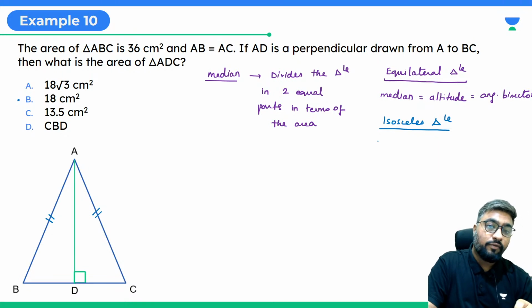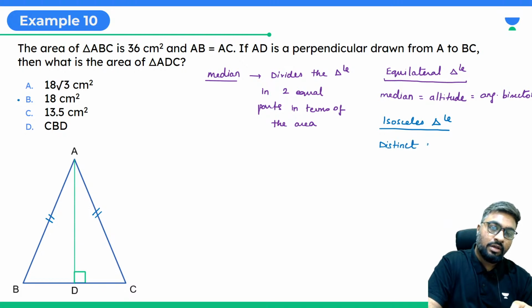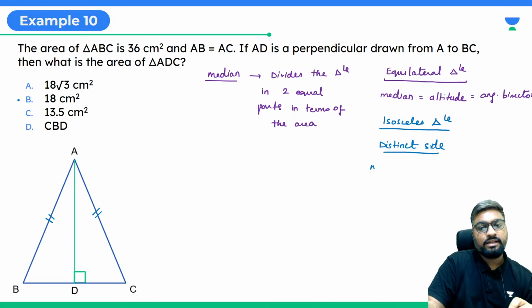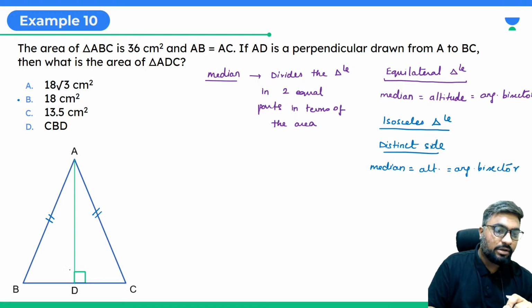So only for the unequal side, or only for the distinct side, this applies only for the distinct side. Only for the distinct side, the median, the altitude and the angular bisector are all the same. मतलब ये जो perpendicular line है AD, what it will do is it will divide these two in equal parts.